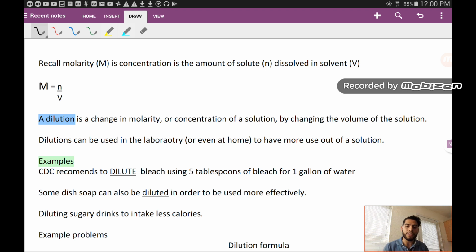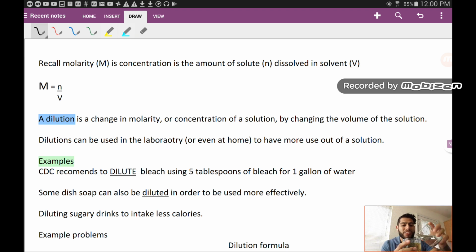And diluting sugary drinks, you can use that to take in fewer calories. For example, this apple juice contains 110 calories per serving. This is half a serving, and since I'm doing half a serving, I'm taking half the calories, right? And then I can dilute this.